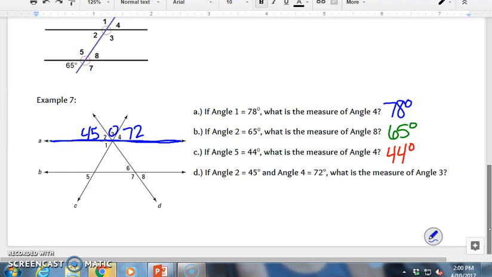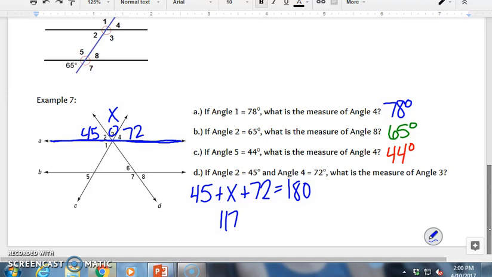And what do we know about angles that sit on a straight line on the same side? Together, they should all add up to 180 degrees. So if I took 45, I'm going to use X for angle 3, plus X, plus 72, those 3 together are going to equal 180.